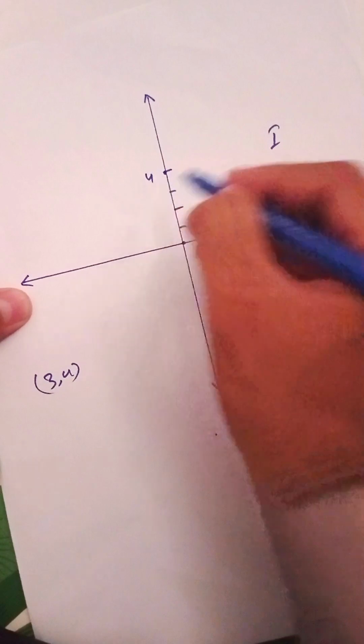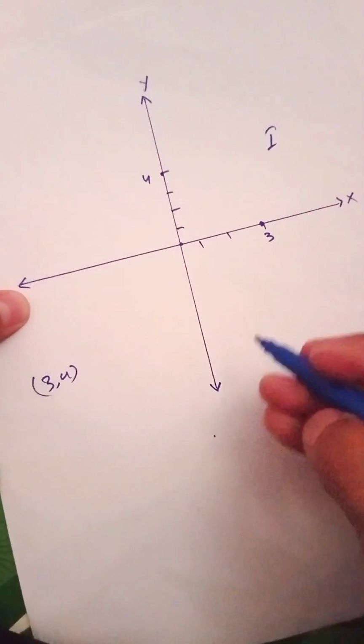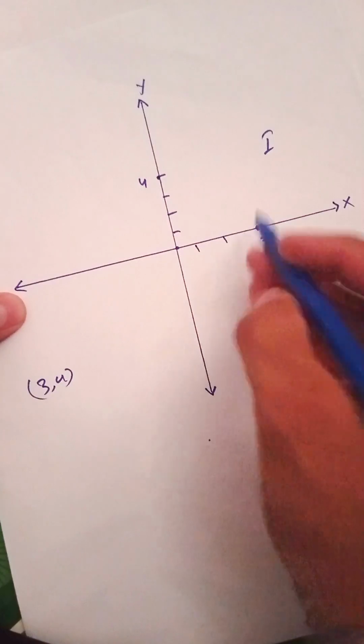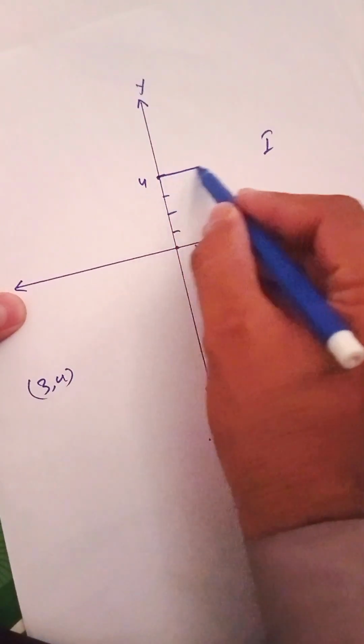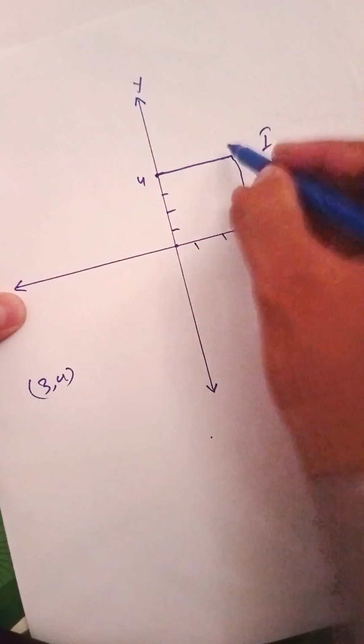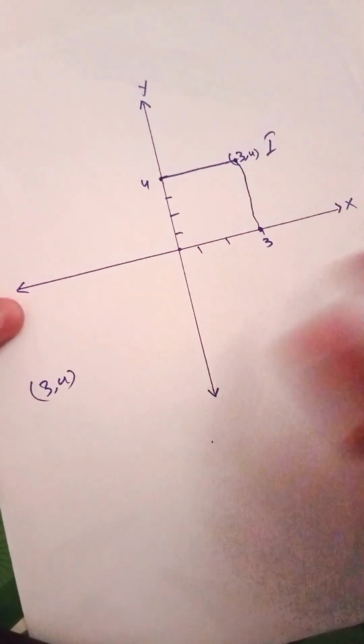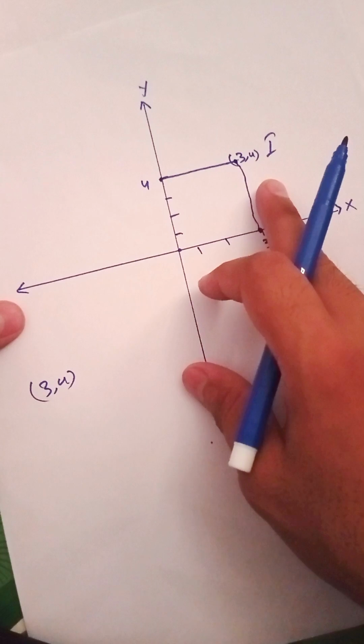Here is the value of y. This is the x-axis, and this is the y-axis. So here is the point (3, 4).